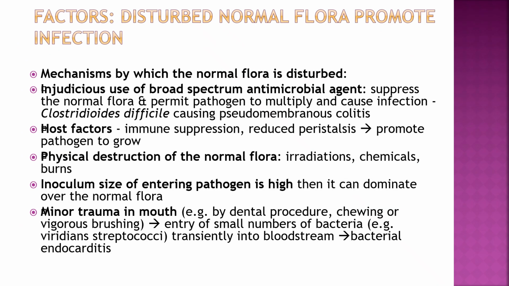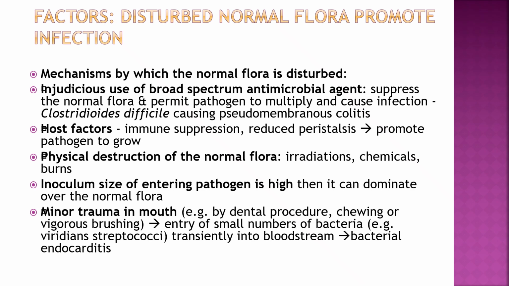Now we will see the factors which disturb normal flora and promote infection. First is injudicious use of broad-spectrum antimicrobial agents. Because of this, the normal intestinal bacterial flora vanishes, and then the pathogenic organisms grow. Then host factors like immune suppression or diabetes mellitus.